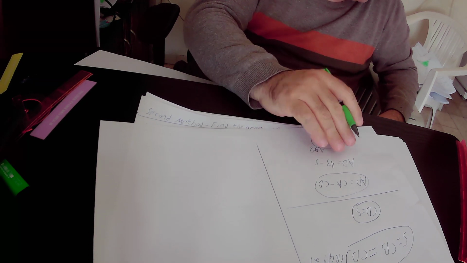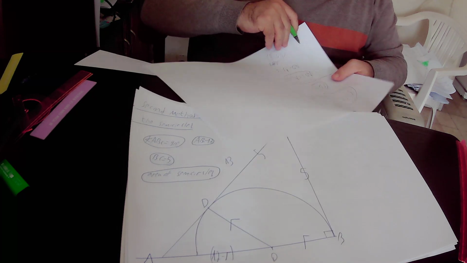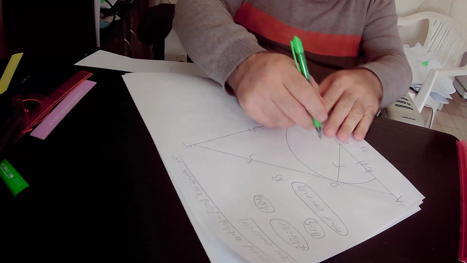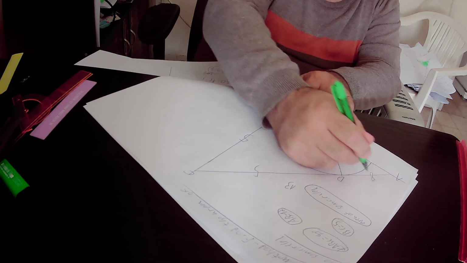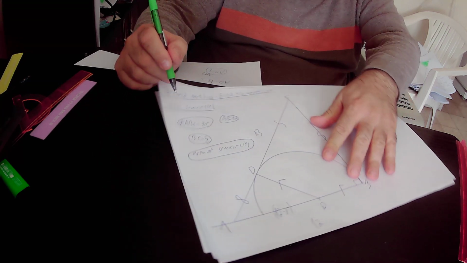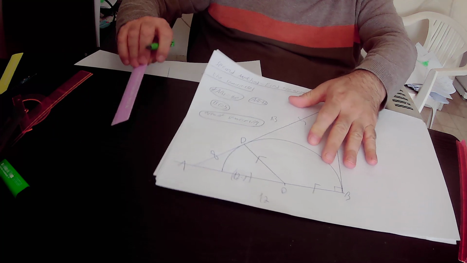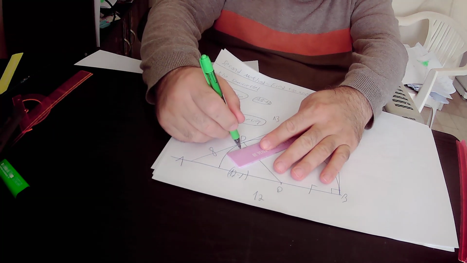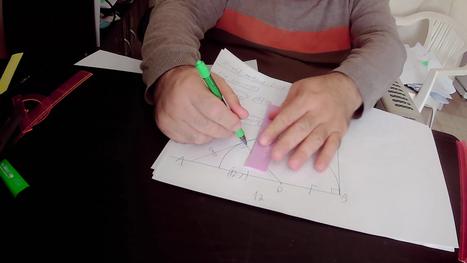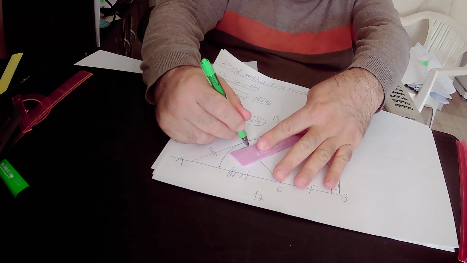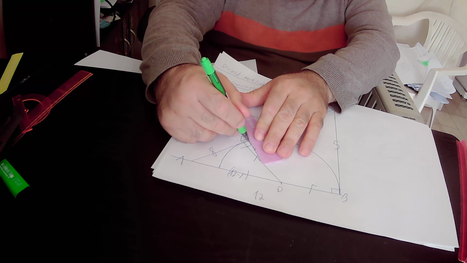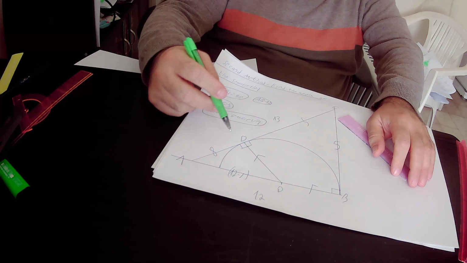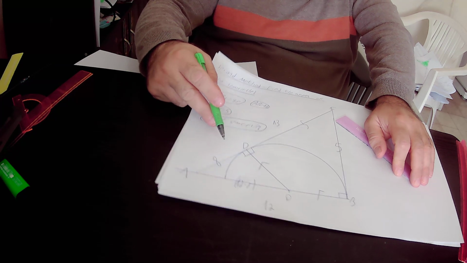So we can write here that AD equals 8 units. In the first method, we found out that those two angles are right angles, so I will not repeat it, according to rule number 1. And we know that triangle ADO is a right triangle.